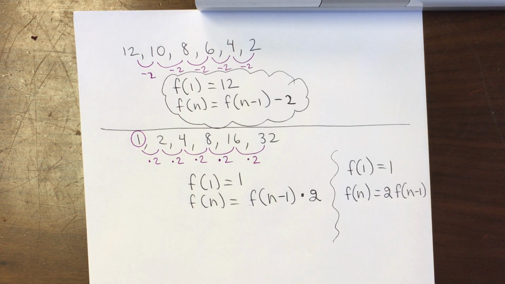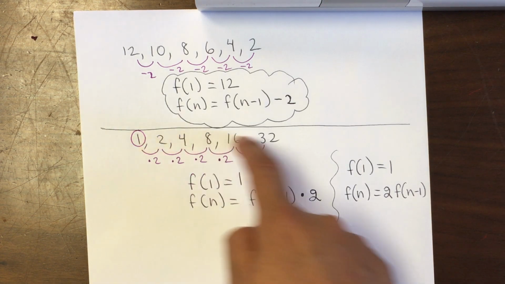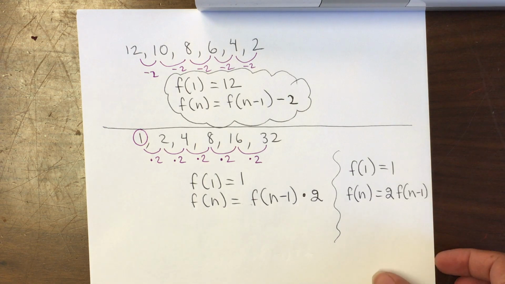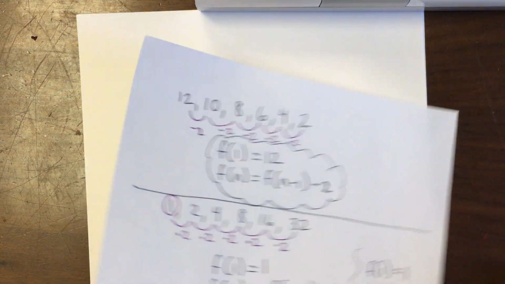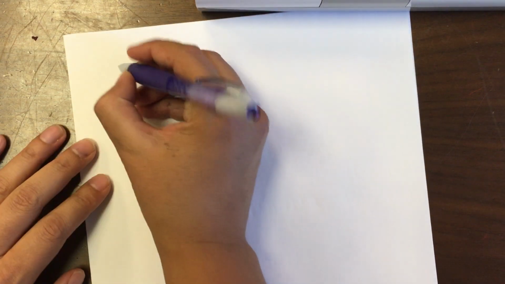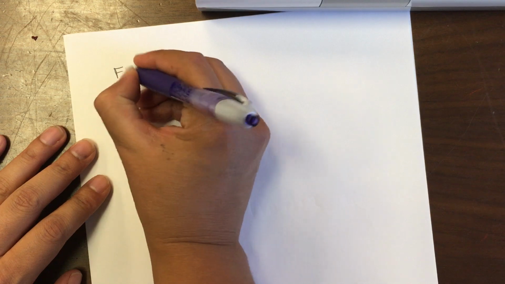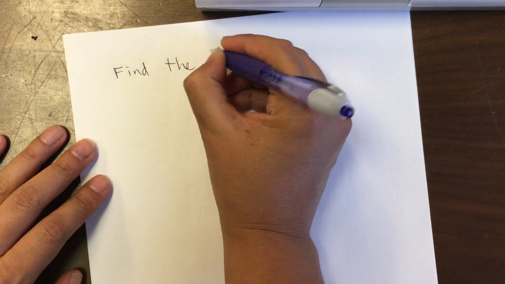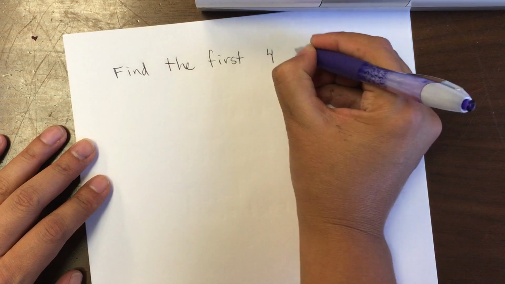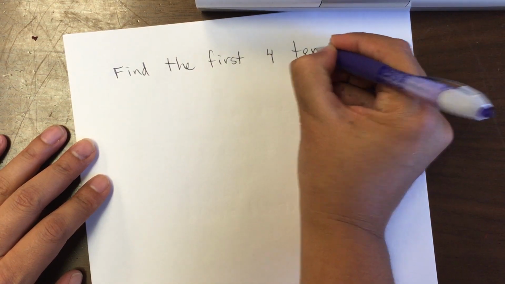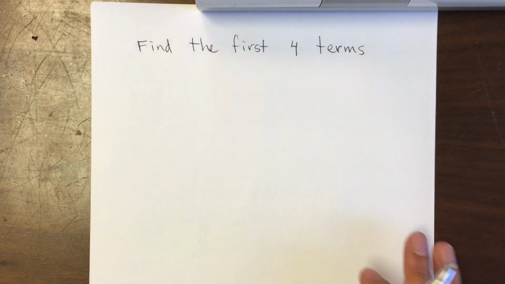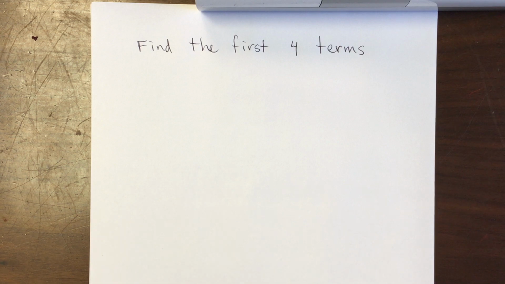Now, what if they give me the recursive formula and I have to find the list, the sequence? It might say something like this: find the first 4 terms. I'm going to show you the long way and also the fast way so that you can choose which method to use, and so that you can also understand what it means.